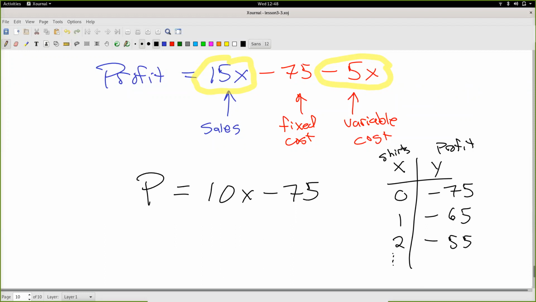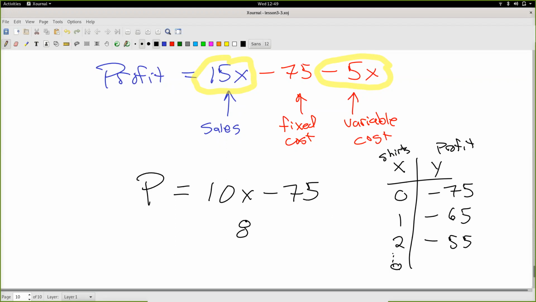So they're going to have to sell a certain amount of shirts before they finally make some money. Because right now, if they only sell 2, 3, 4 shirts, they're in the hole for a while. And I can kind of guess, right? If they sold 8 shirts, 8 times 10 is 80. They made 80 bucks, they spent 75, so they finally make a profit of $5.